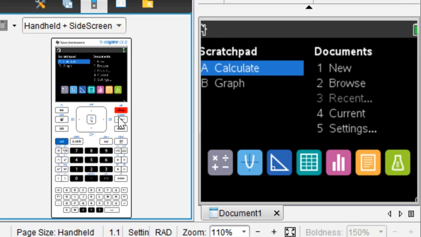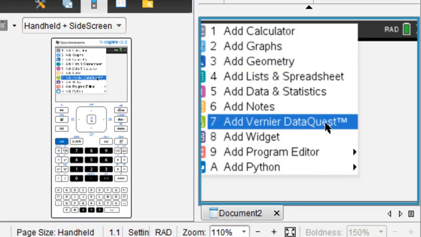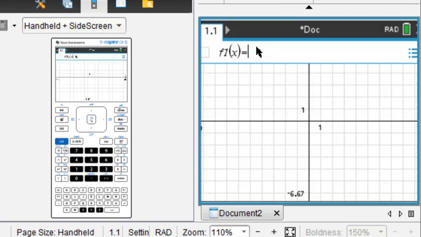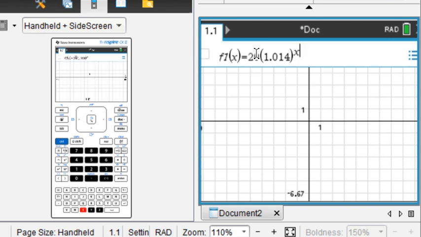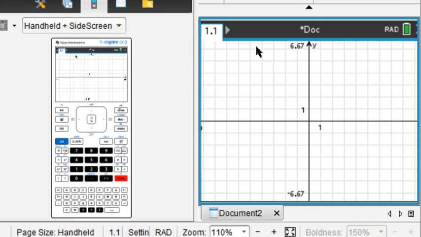So home screen, new doc, say no, and add a graph page. So my function starts with 20, parentheses 1.014, close your parenthesis, to the x power, and press enter.